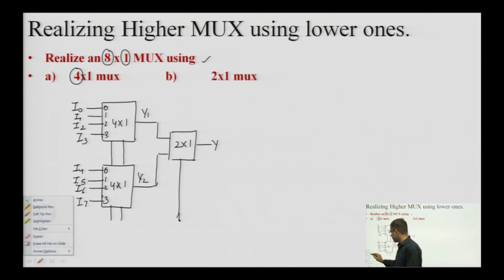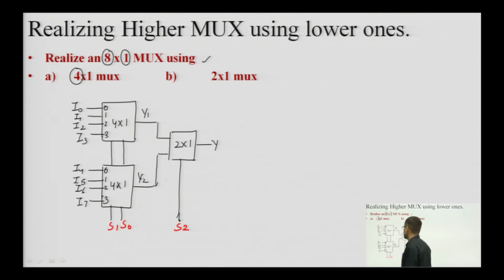So, we can mark these select lines as this will be my MSB, that is S2, and these will be my two least significant select lines S1 and S0. So, this is the realization of an 8 cross 1 multiplexer using 2 4 cross 1 multiplexers and 1 2 cross 1 multiplexer. Okay. So, we have used 3 multiplexers to realize an 8 cross 1 multiplexer.